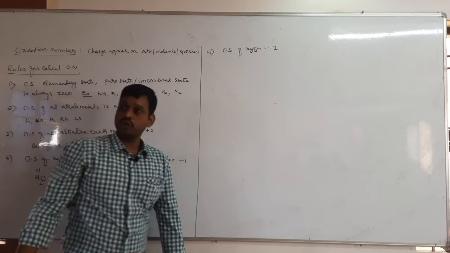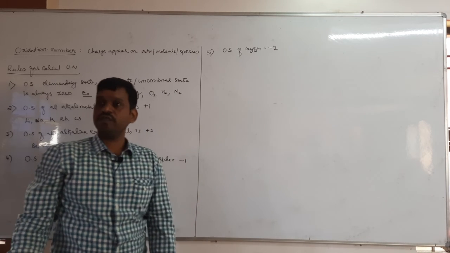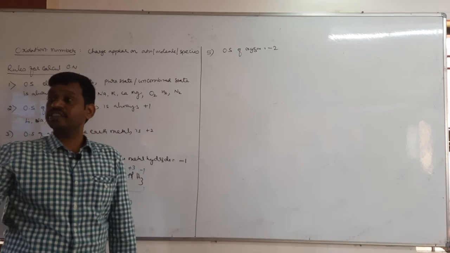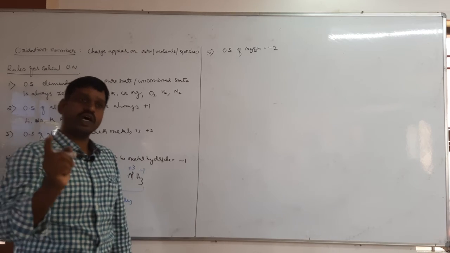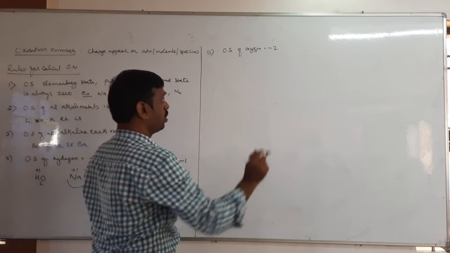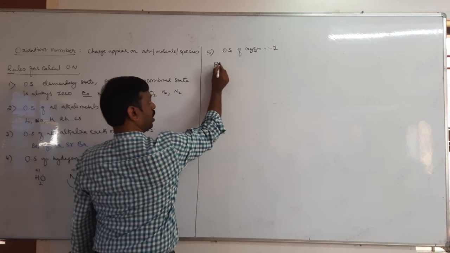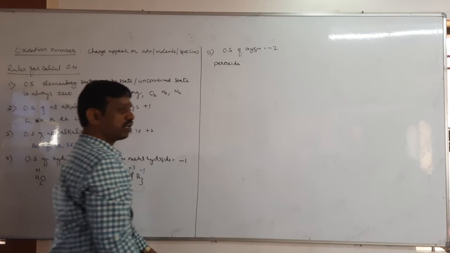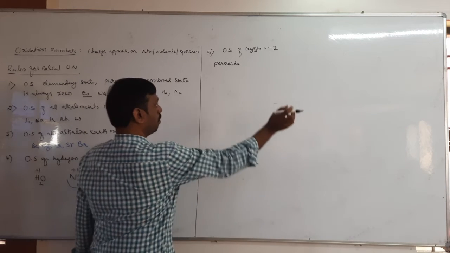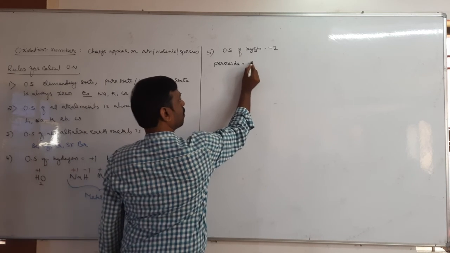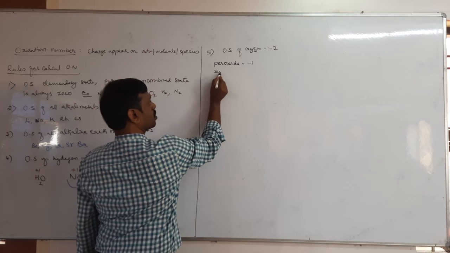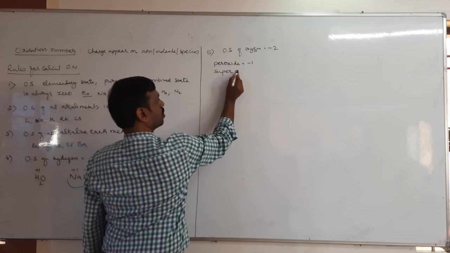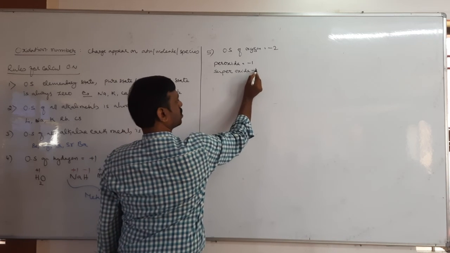So yes, oxidation state of oxygen is -2, but in case of peroxide it is -1, and in superoxide -1/2.